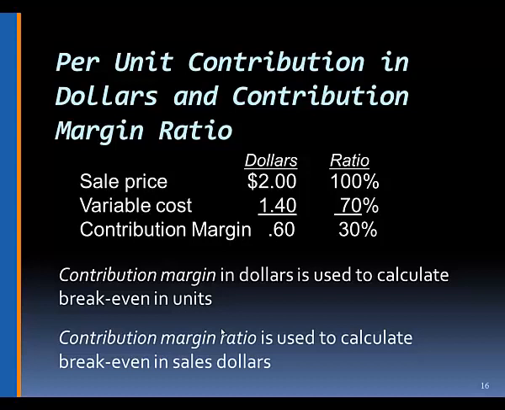So to calculate break-evens, we use financial information. In this example, we have the sales price per unit, we have the variable cost per unit, and the difference between the sales price and the variable cost is called the contribution margin. We'll be using that term over and over and over in this course.